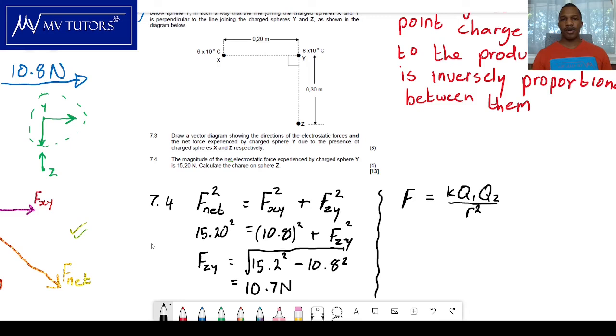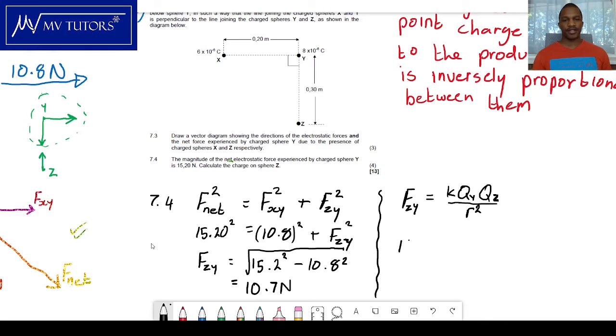I want us to look at this carefully. Charge 1 is actually charge Y. Here, if we are having the force of ZY, that means charge 1 can either be Z or Y, it doesn't matter. Let me just say it's Y, so that charge 2 is just Z.